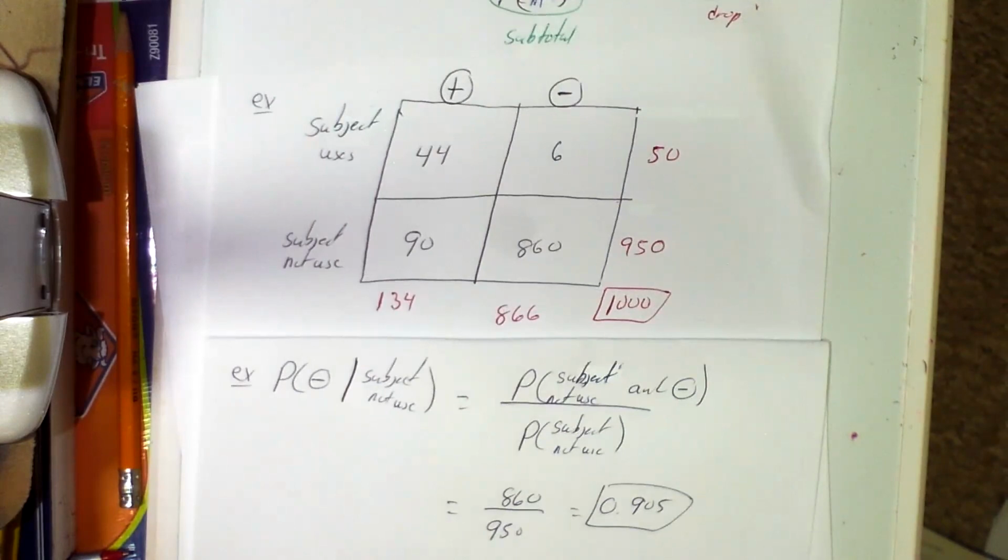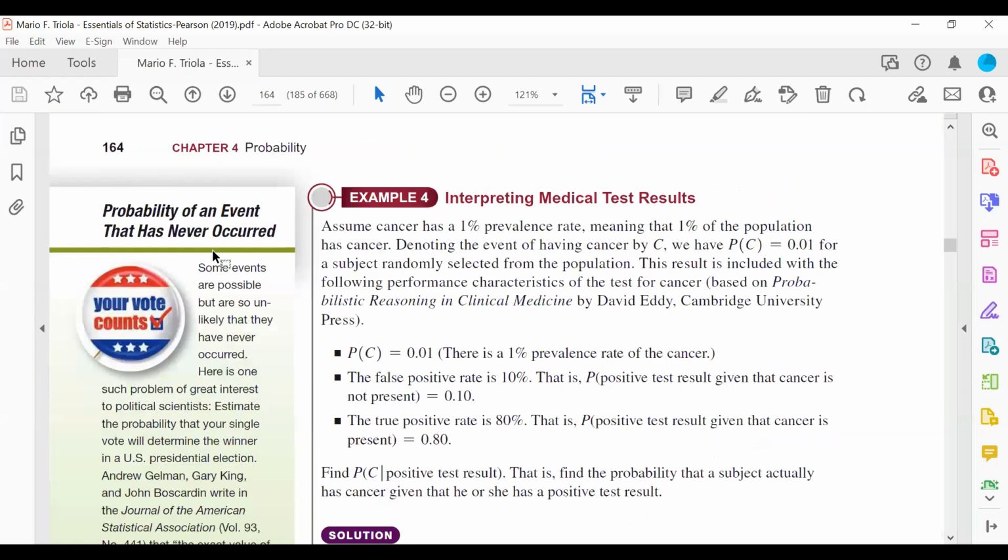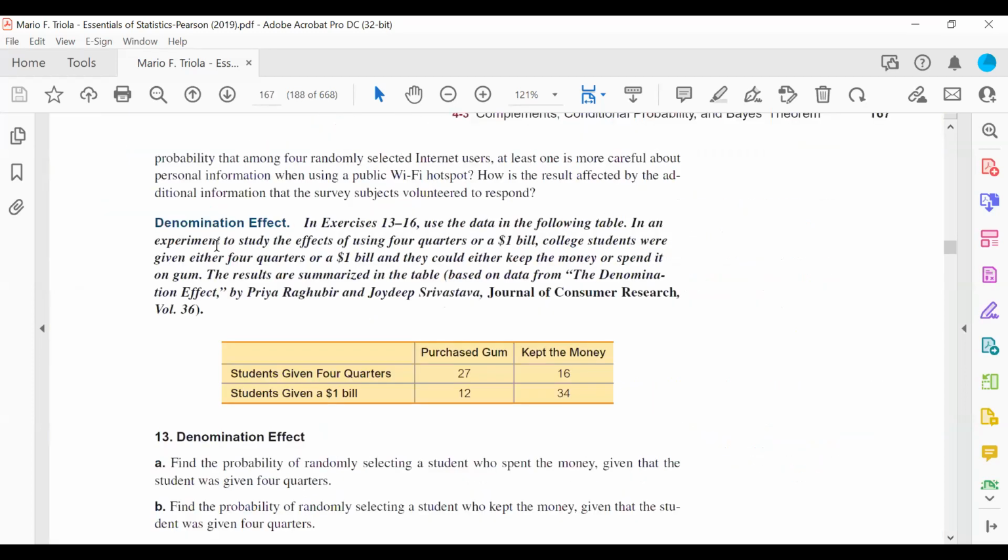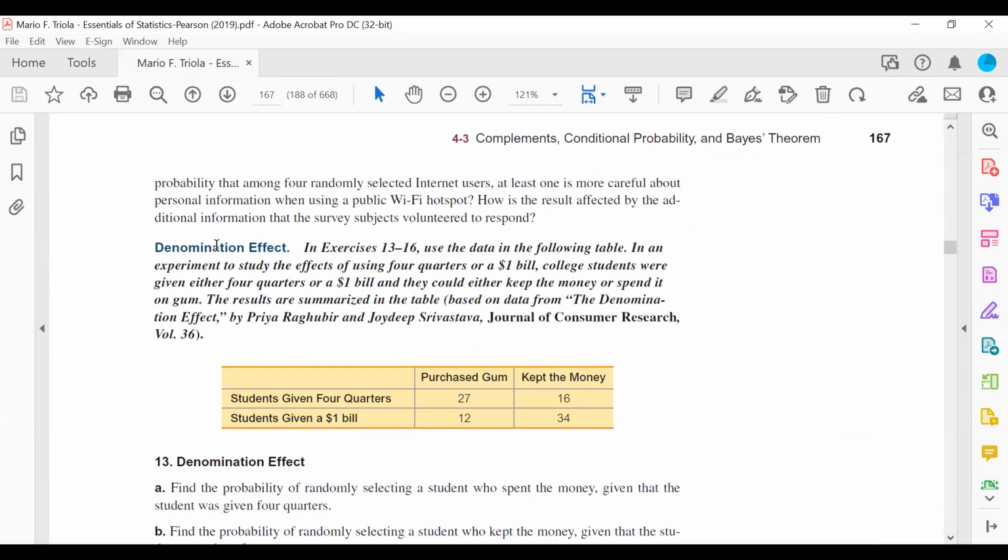All right, so there's your examples. Now we're going to do the ones in the textbook. The one in the textbook is kind of confusing, but we'll go through it. Let's go to the book and look at number 13 on page 167.